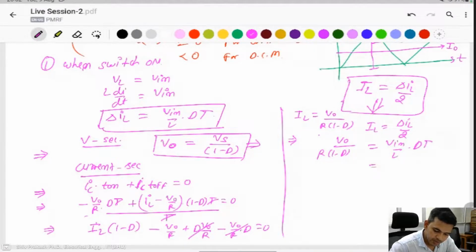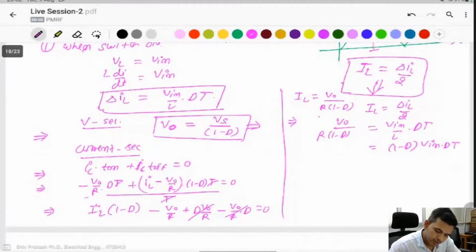You can change V in from here, 1 minus D, minus D V in dt divided by L. So V in minus D into V output. Now V in is equal to Vs. V naught will also cancel out.